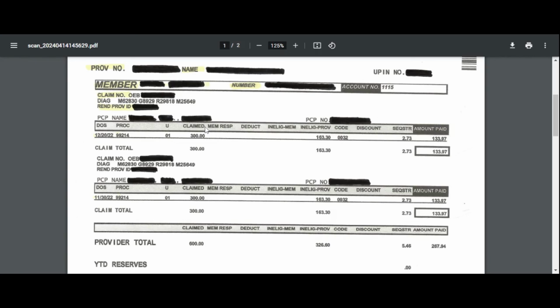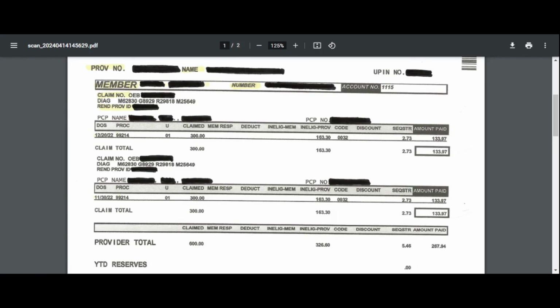Then we have the terms that we usually have, which are the date of service, the procedure, the claim amount, the member's responsibility, deductible, the ineligible member amount, the ineligible provider amount, the code, discount, and the sequestration, which is the mandatory payment reductions in the Medicare fee-for-service program.